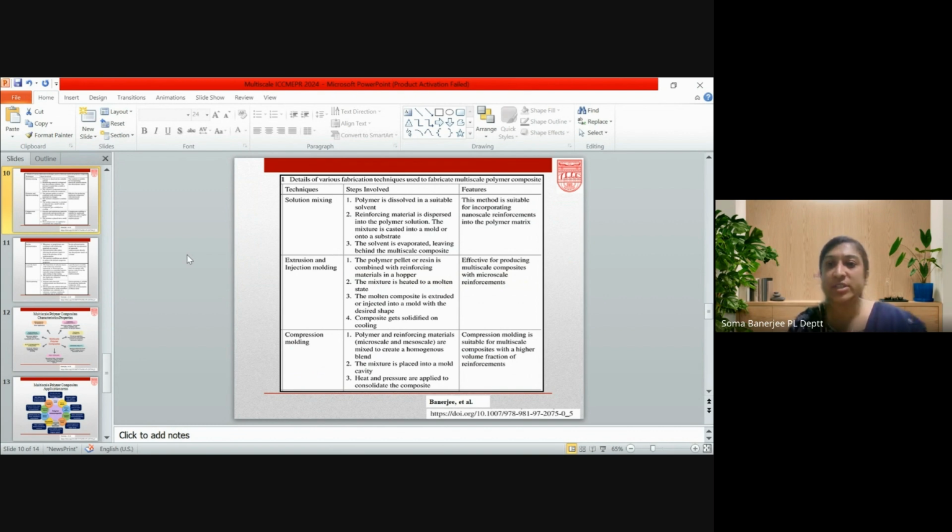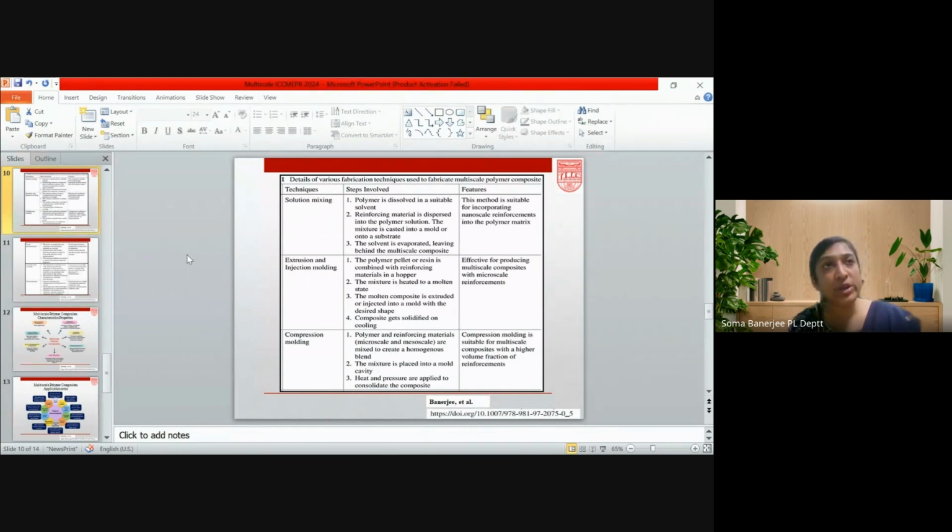Solution mixing is the common way we can do it. We can also go for melt processes like extrusion and injection molding. These are effective for producing large-scale compounds made with microscale reinforcement, but this requires good instrumental facilities.